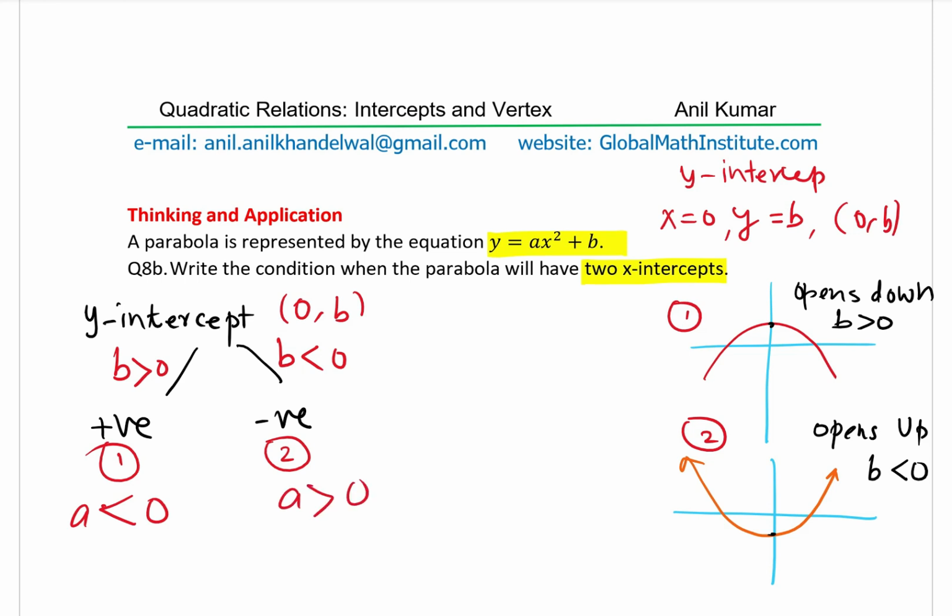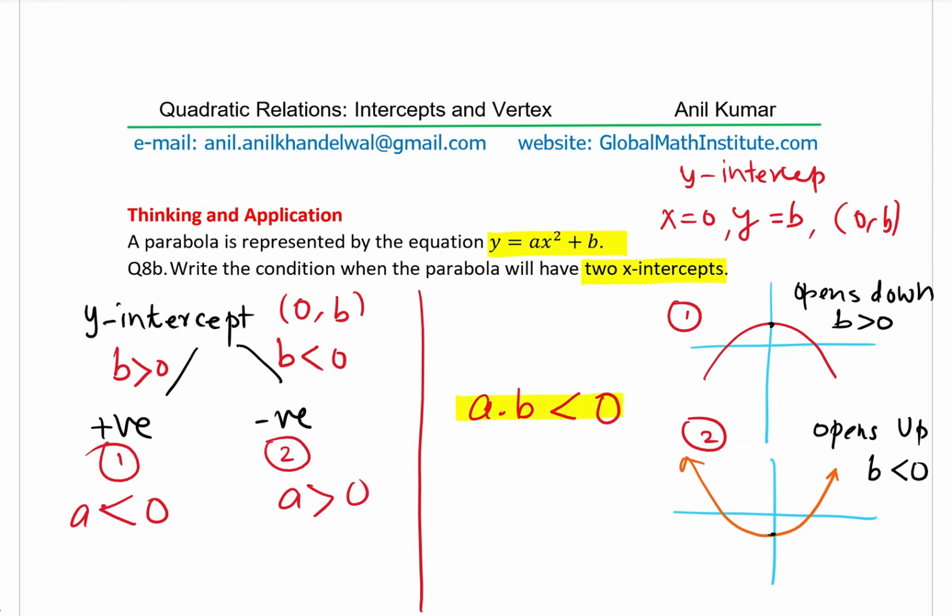Is that correct? So you could actually summarize this in a very beautiful way. And that is that the product of a and b, one is positive and one is negative, is always less than 0. So that is what we could summarize this as.